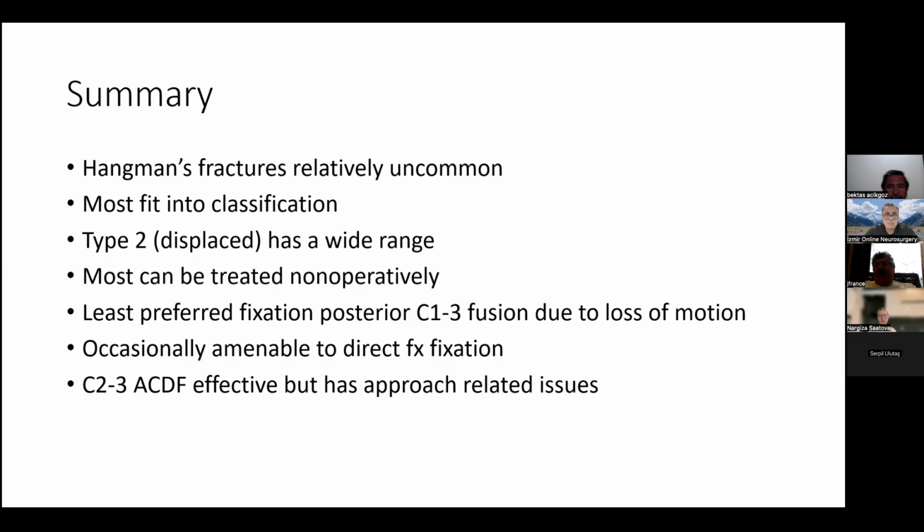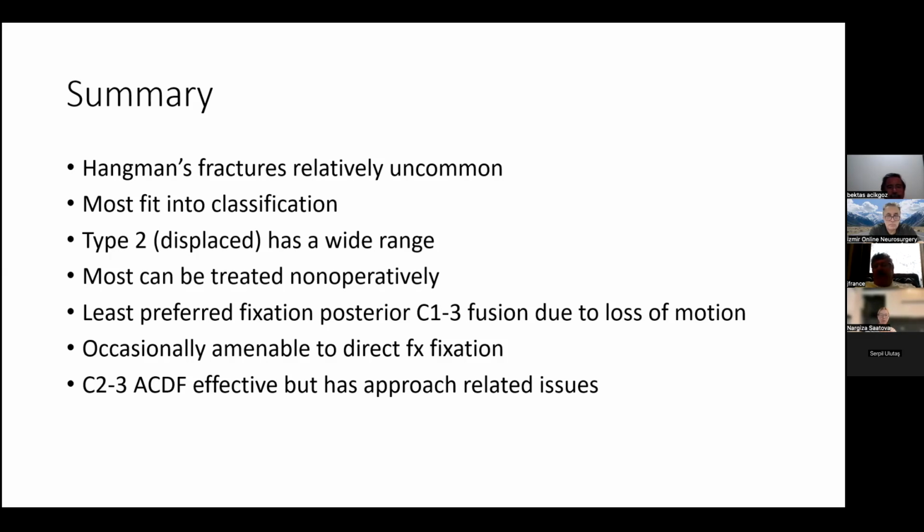The fractures do heal, and there aren't a lot of late complications once they heal. My least preferred method is a posterior fusion because of the loss of motion. But if we use instrumentation without fusion, let the fracture heal and remobilize, that's certainly a very viable option. If the fracture is amenable to direct fracture fixation, that to me seems like an ideal way.